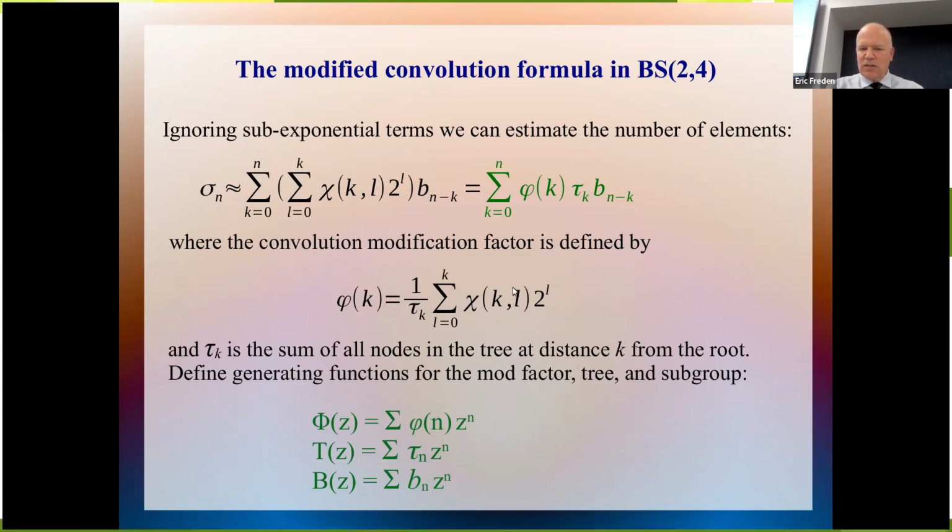Taking all the cosets at level L and the distance K, I'm scaling them by 2^L. It's deeper, but the further down I go, this 2^L should be a factor associated with this number here.